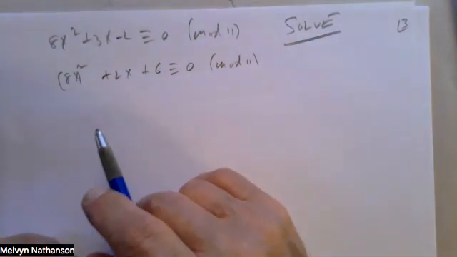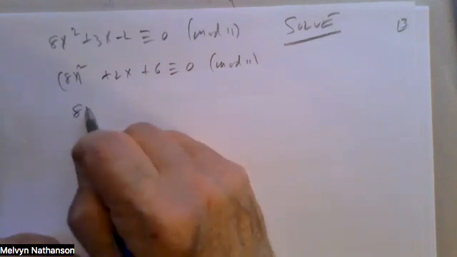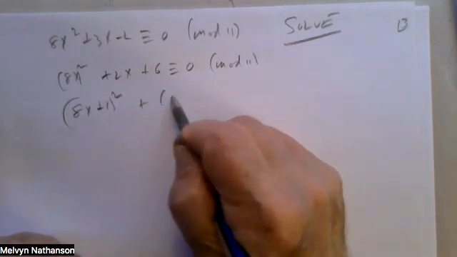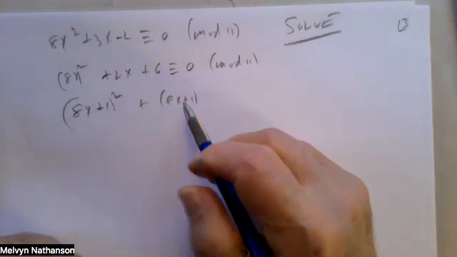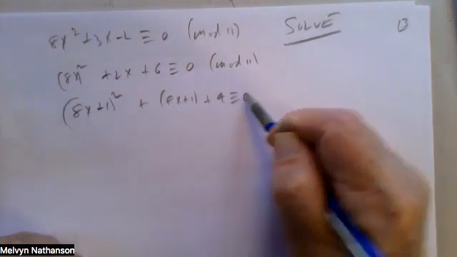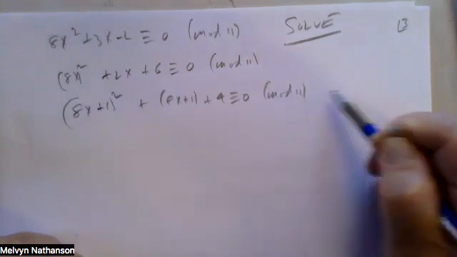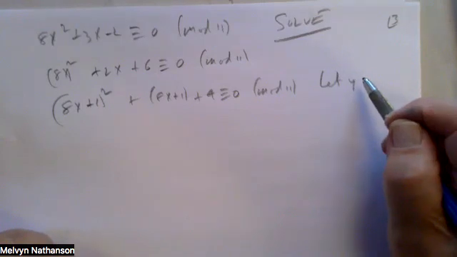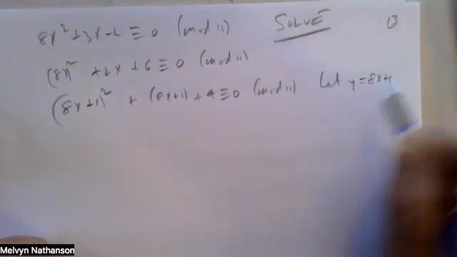And this turned out to be exactly the same as 8x plus 1 squared plus 8x plus 1 plus 4 congruent to 0 mod 11. I just change variables to simplify everything. Let y equal 8x plus 1.